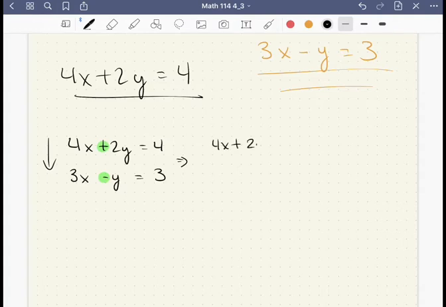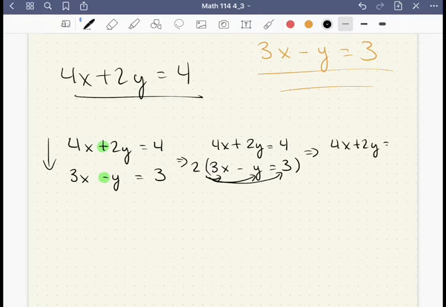So we have 4x plus 2y equals 4, and 3x minus y equals 3. And we said we're going to multiply by 2, so I'm going to distribute. I have 4x plus 2y equals 4, and 6x minus 2y equals 6.